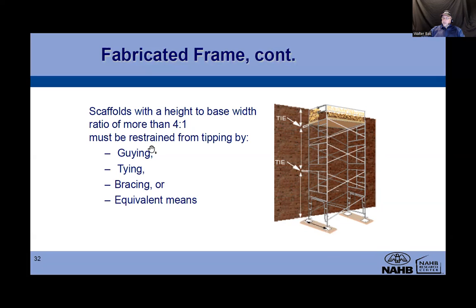Must be restrained from tipping by guying, tying, bracing, or equivalent means. Basically, this thing has to be properly fastened. So it could be tied off to the building. You could use guying, or you can tie things to whatever you need to tie off.